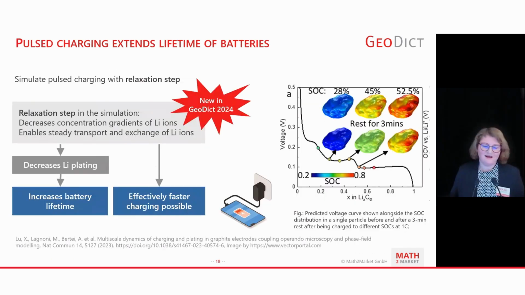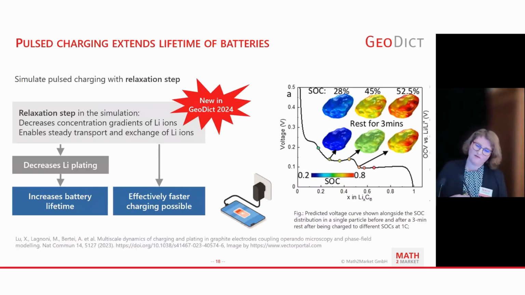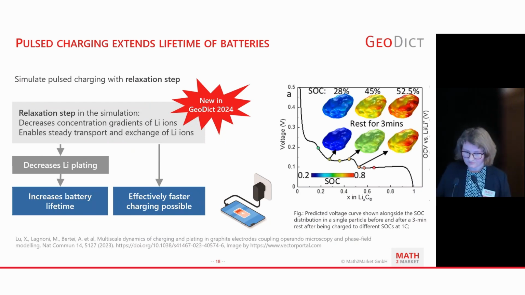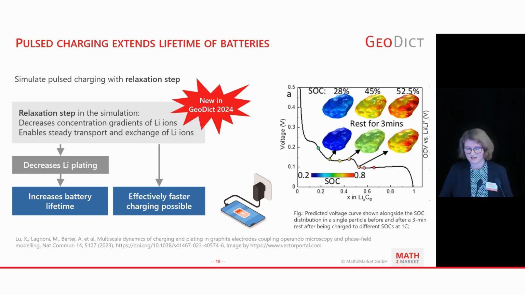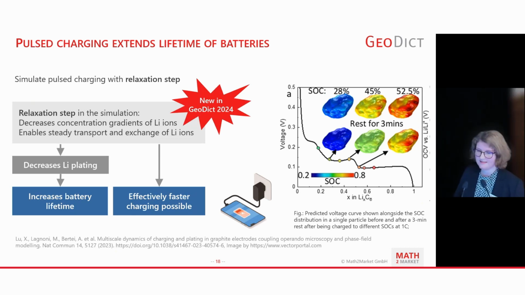And one important measure, apart from preventing the degradation mechanisms to extend the lifetime of your battery, is optimized charging, so pulse charging. This can now be simulated in GeoDict, as we included a relaxation step, which is crucial for pulse charging. In this relaxation step, the concentration gradients of lithium ions decrease, and a steady transport and exchange of lithium ions is enabled.